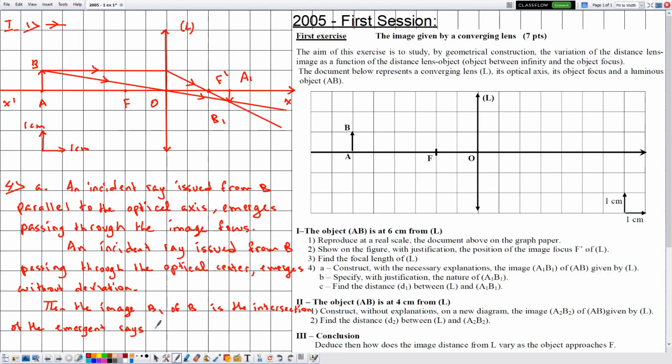And A1 is the foot perpendicular of B1 on the optical axis.